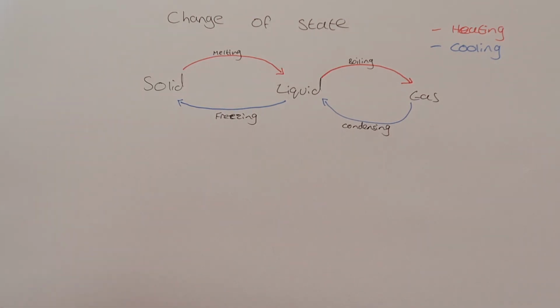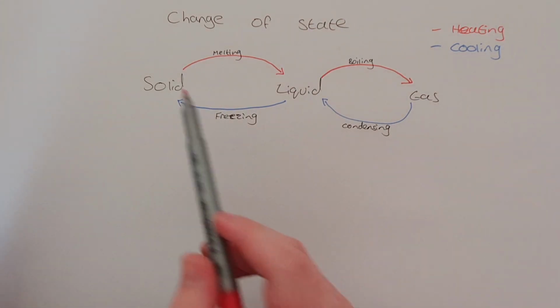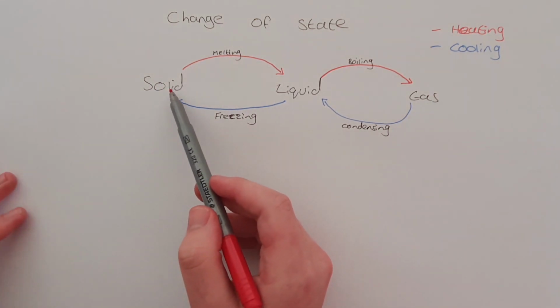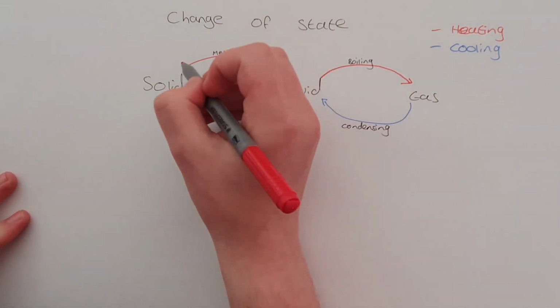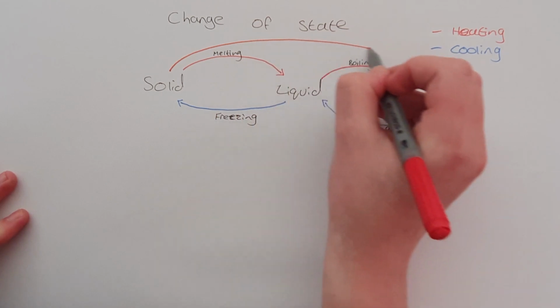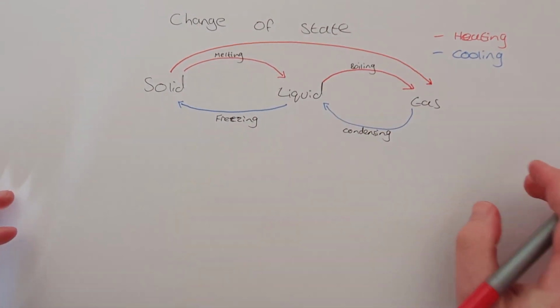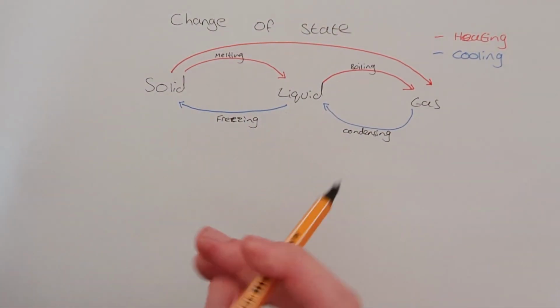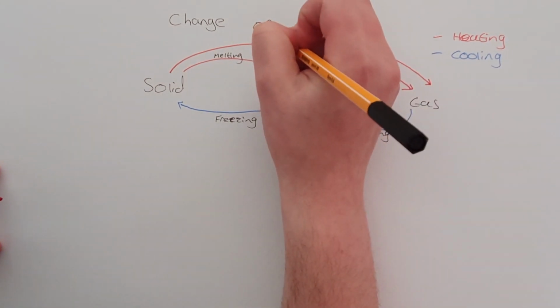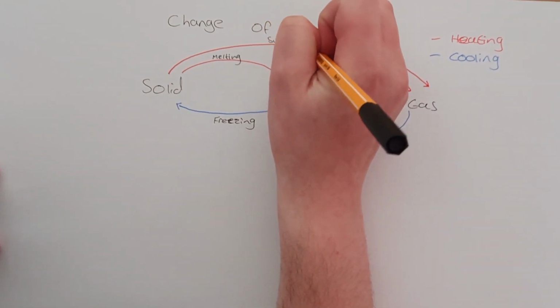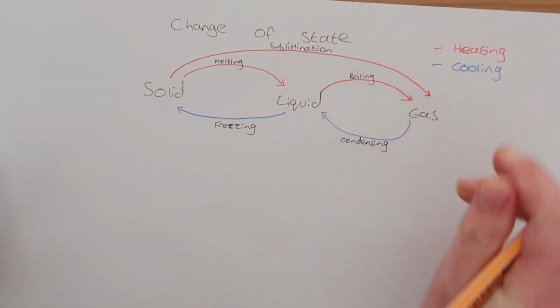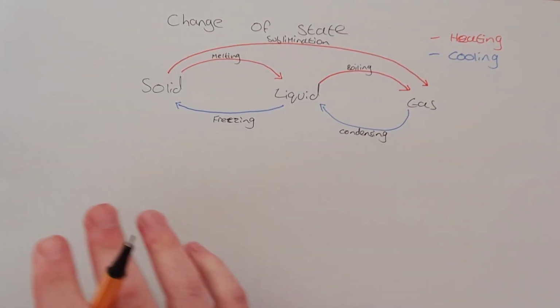Now, we've got a couple more things to talk about here, because we can go from a solid to a gas. And we actually call this process sublimation. So, sublimation is solid to a gas.